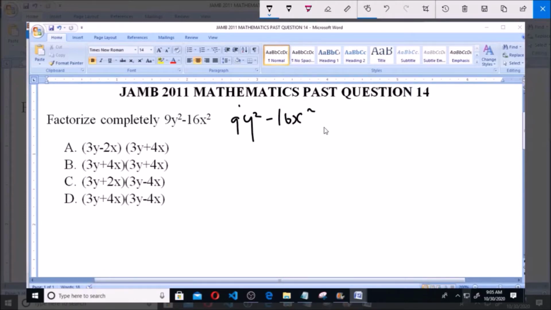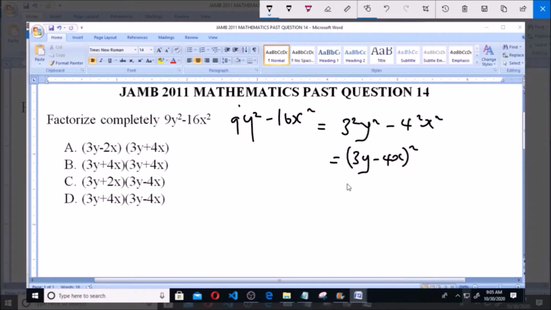Now this 9y squared minus 16x squared can be written as 3 squared y squared minus 4 squared x squared. This is the same thing as saying (3y) squared minus (4x) squared.